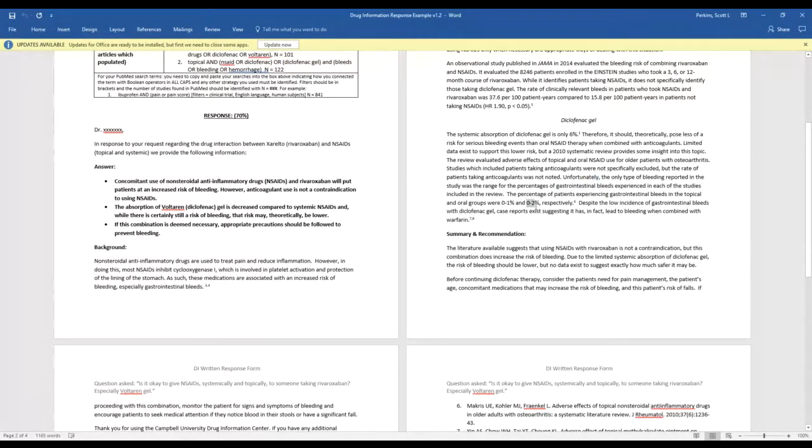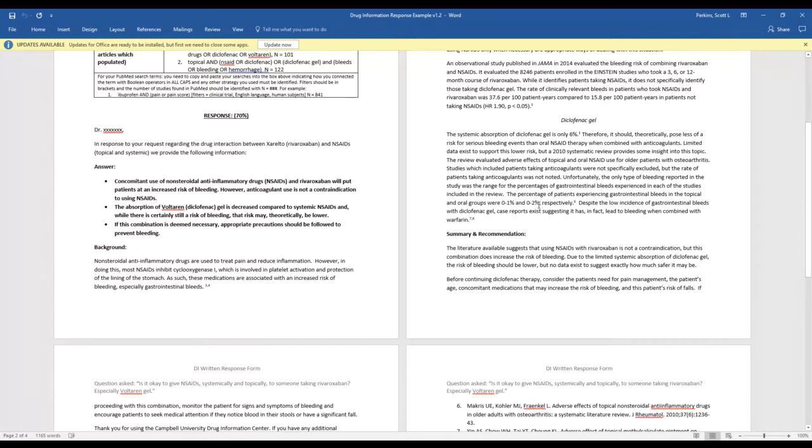Whereas in our oral study, we could have had one study that had a 0% incidence of bleeding, and 9 studies that had a 2% incidence of bleeding, or vice versa. So we can't really truly say unless we look at that systematic review, we actually look at each individual study and their actual incidence of bleeding.